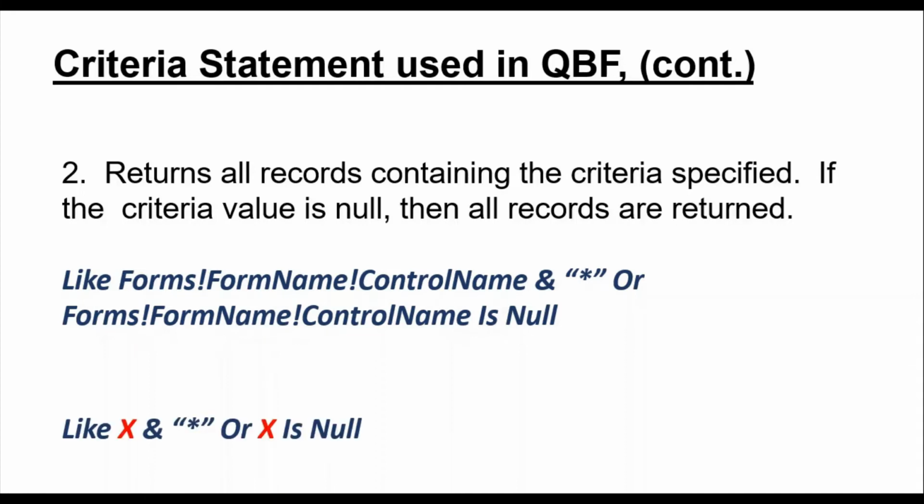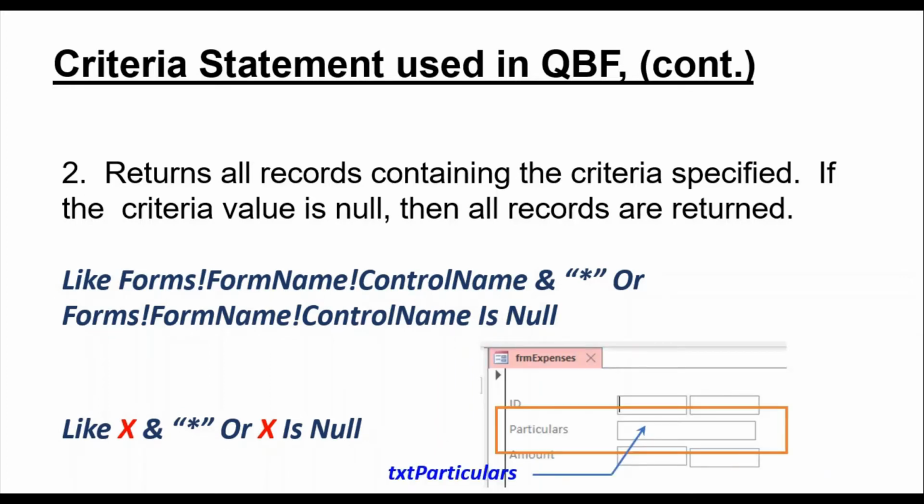We could see it this way: Like X & "*" or X is null, where X is the address of a control that will be linked to the query. Consider this example. We will use the particulars field. The object collection name here is Forms.